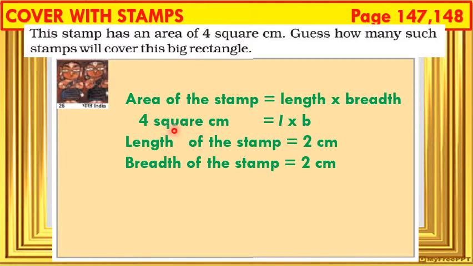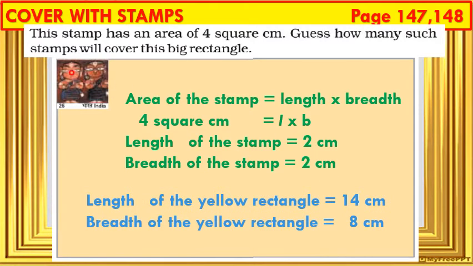So length of this stamp is 2 centimeters and breadth of this stamp is also 2 centimeters. Now measure the length of this big yellow rectangle with scale. We get the length as 14 centimeters. Next, measure the breadth, that is width, of this big yellow rectangle with scale. We get the breadth as 8 centimeters.